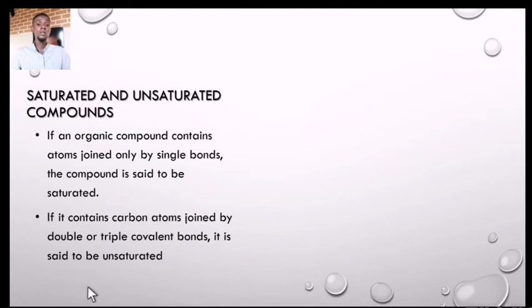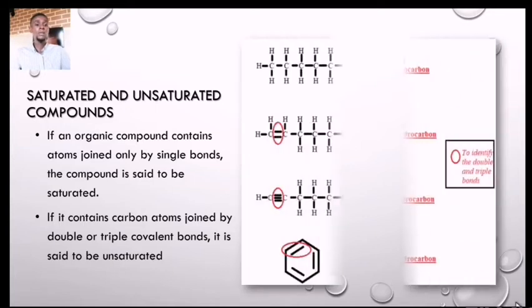If it contains a triple or double bond, it is referred to as unsaturated. As simple as that. Very, very simple. So you shouldn't find it difficult to define this when you see it in the exams. 2 marks for each definition. Simple. So let's look at examples of that.